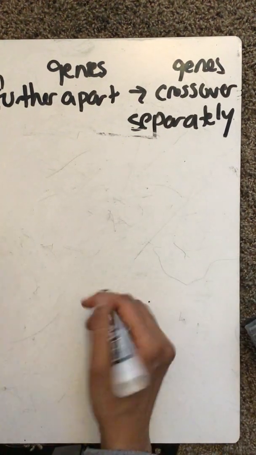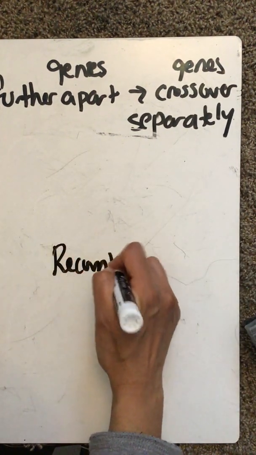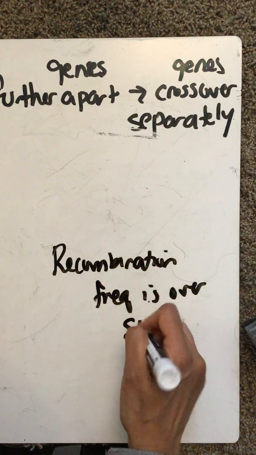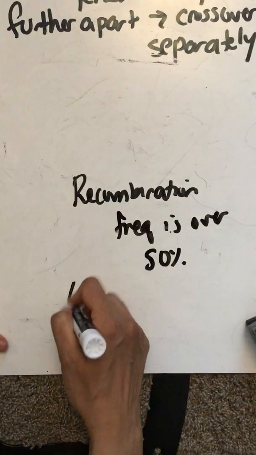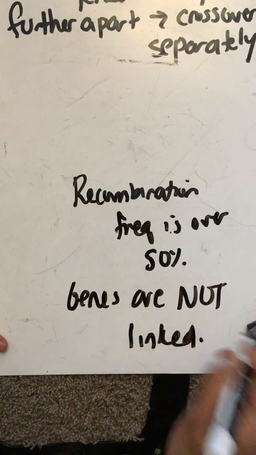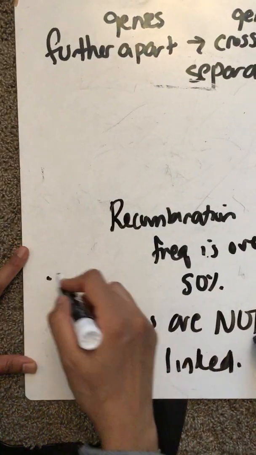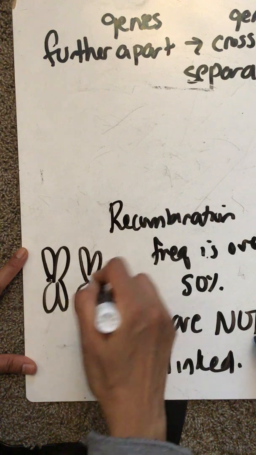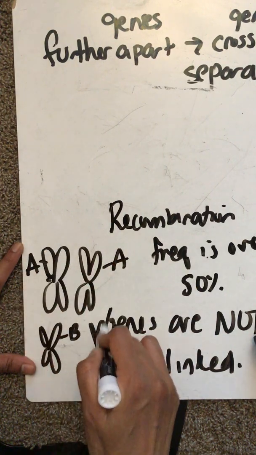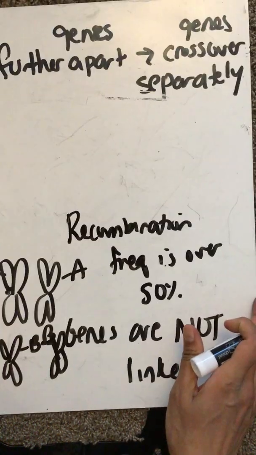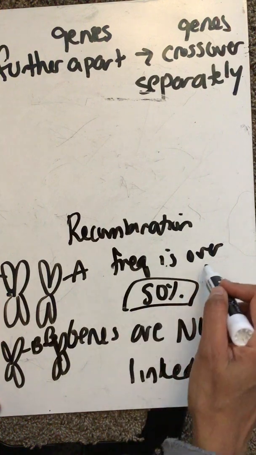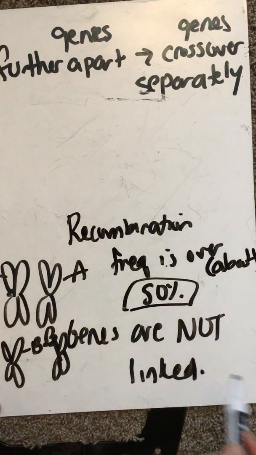Also, you can assume that if the recombination frequency is over 50%, that means the genes are not linked. So what does that mean? That means the genes are on separate chromosomes. So genes A and B are on separate chromosomes if the recombination frequency is about or over 50%.